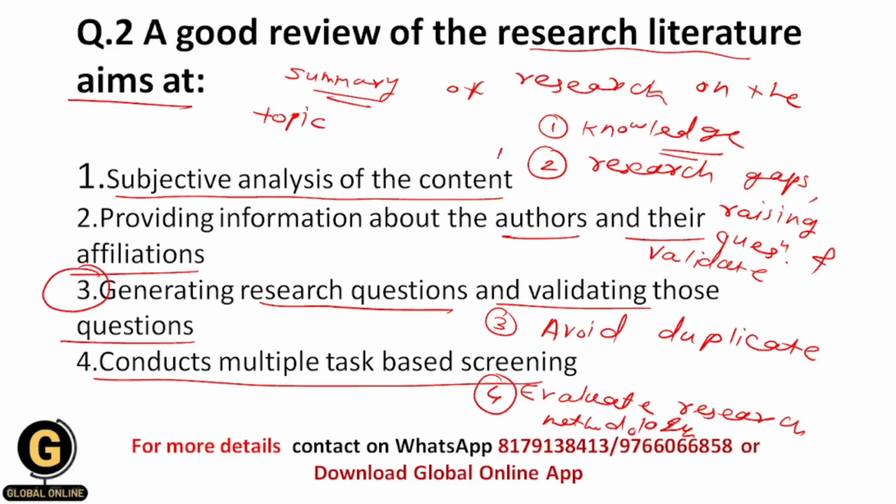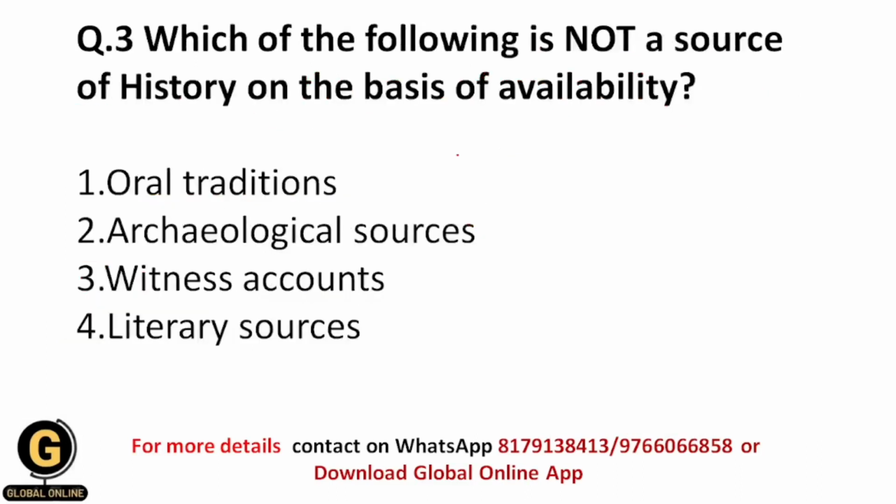Fourth is conducting multiple task based screenings. From these options, the third option, generating research questions and validating those questions, is our second aim, that is, research gaps, raising the question and validating the questions. So it is one of the aims of a good review of research literature. The correct answer is 3.